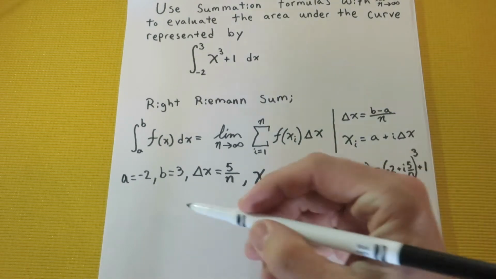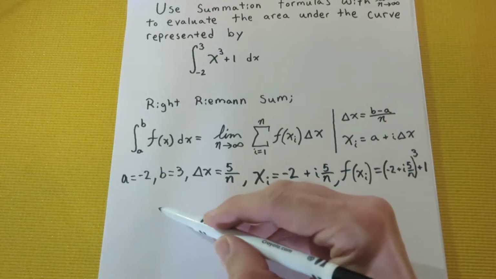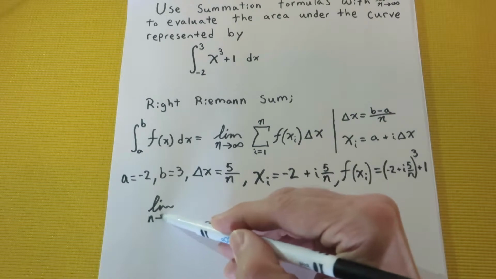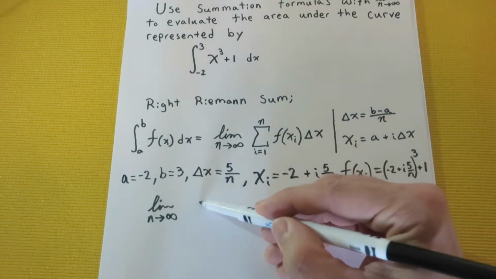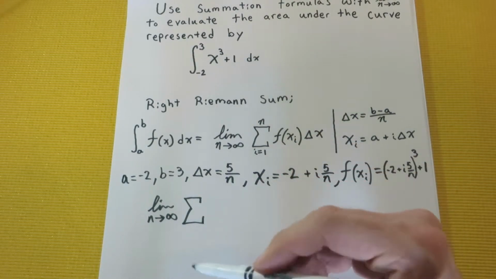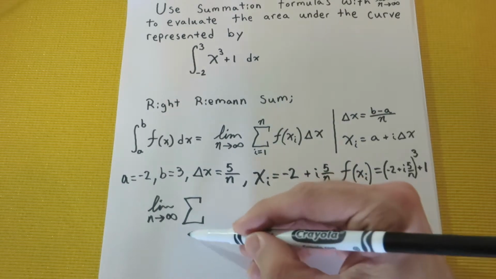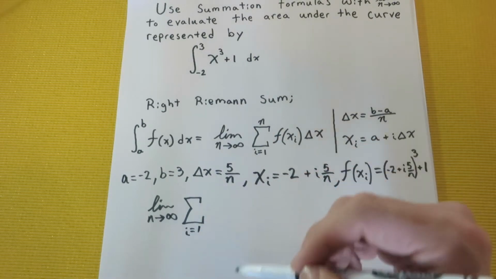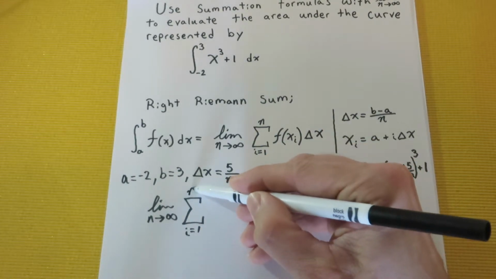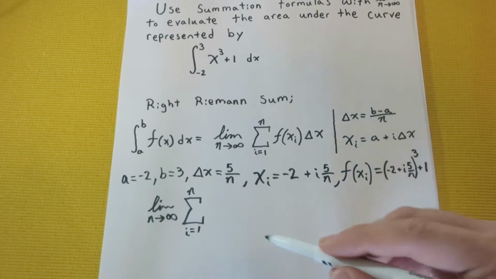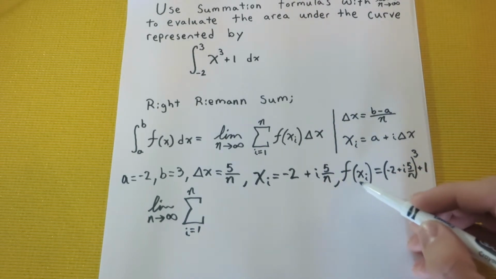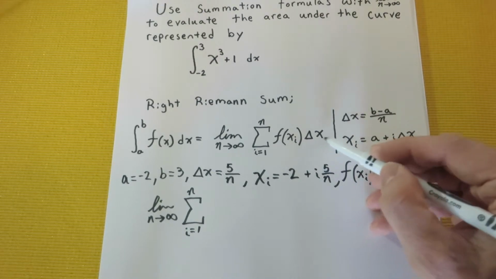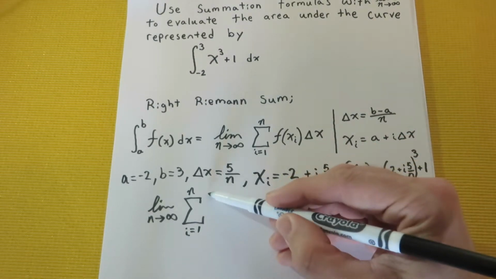So that means that we're going to be taking the limit as n approaches infinity of the summation from i equals 1 to n of f of x sub i, and the whole thing is going to be multiplied by our delta x, so I'll put it in brackets here.